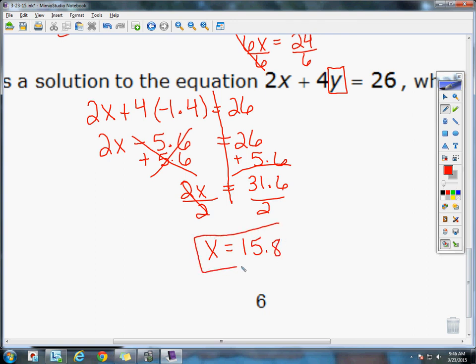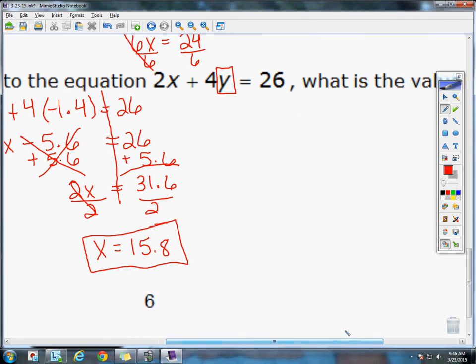Okay, again, always check your answer, especially when these are your gridables. So I have my equation 2 times x, which is 15.8, plus 4 times y. We already know y. We already labeled it. That was a negative 1.4. And when you plug that in, it should come out to 26.